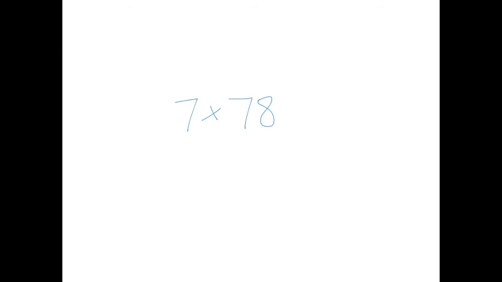So I'm going to begin solving. First step is write my larger number on top, line up my smaller number on the bottom. I first multiply 7 times 8, which equals 56. As you can see, the 6 is in the ones place, and I carried the 5 to the tens place.